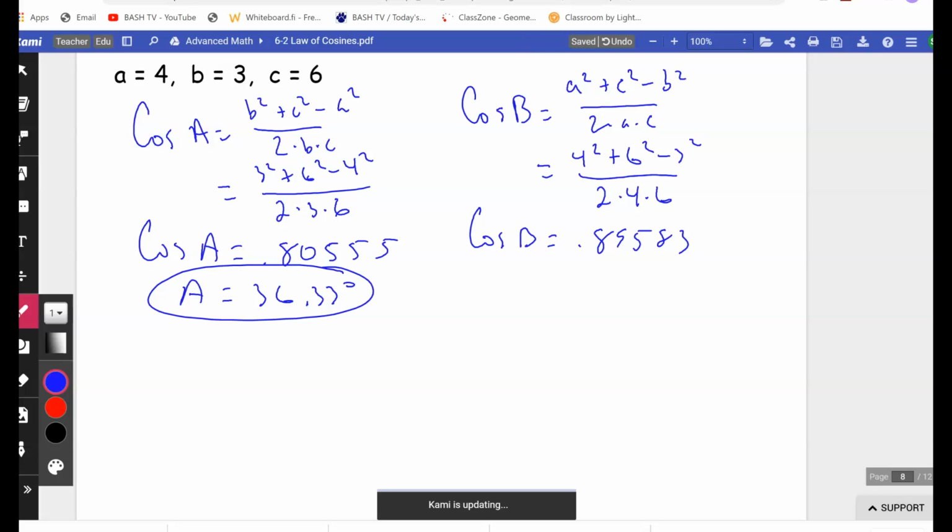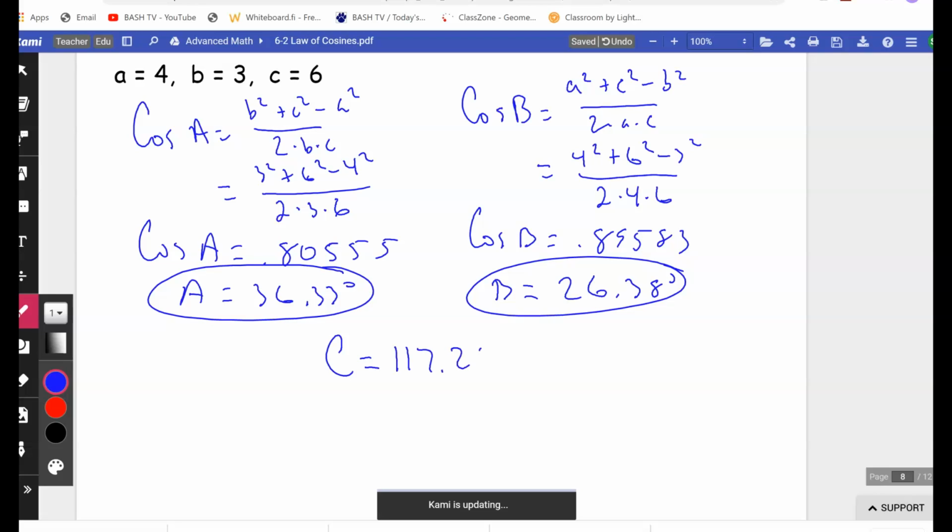Inverse cosine. Remember, do inverse cosine. One of the mistakes students make after doing all the law of sines stuff is they do inverse sine. Okay, so we got A is 36.33, B is 26.38. You would add those two and subtract from 180. If you want to use law of cosines to get angle C, you could. That's what we get for angle C.